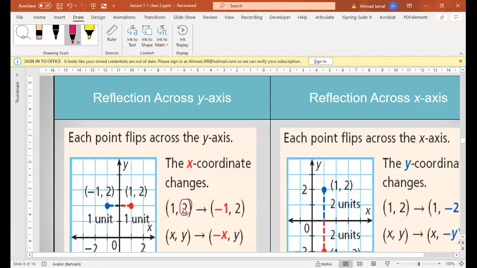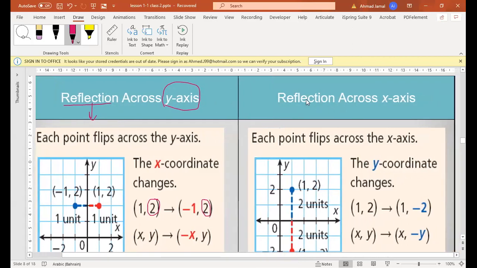Here 2, so here 2 stays as it is. 1, I will use the opposite. 1 will be -1. So reflection means opposite operation. If reflection across the y-axis, y is still as it is, and the other coordinate changes. Okay.